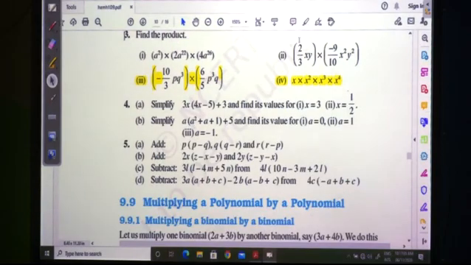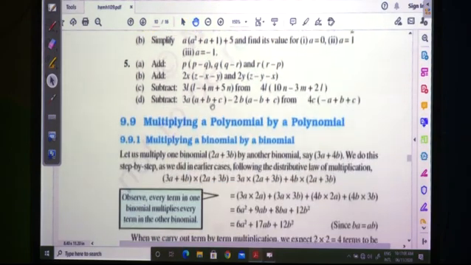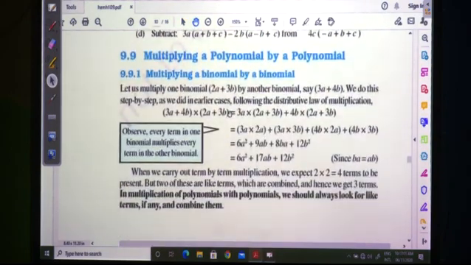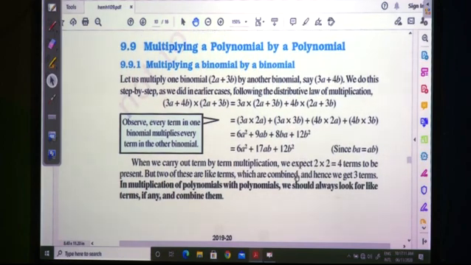Let us proceed further to see what is been explained to us in the next part of the chapter. Multiplying a polynomial by a polynomial.